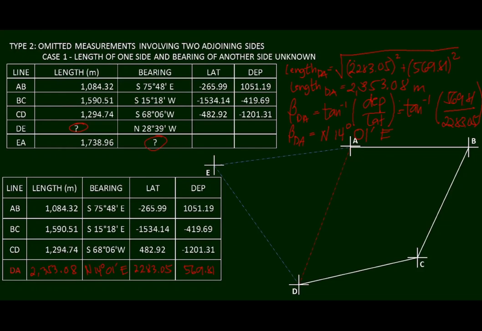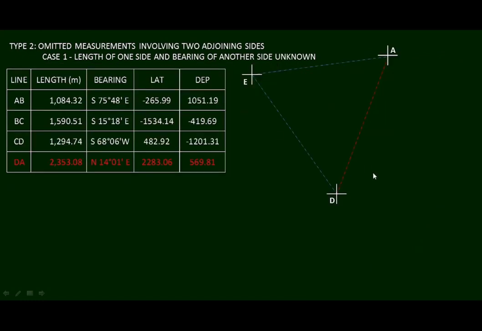Given kanina na yung bearing ni DE. So, bearing ni DE, given siya dito. That is north of 28 degrees 39 minutes. So, isulat natin siya dito. Yung bearing ni D to E. Okay? So, ito si D. Galing siya kay north, papunta kay west.